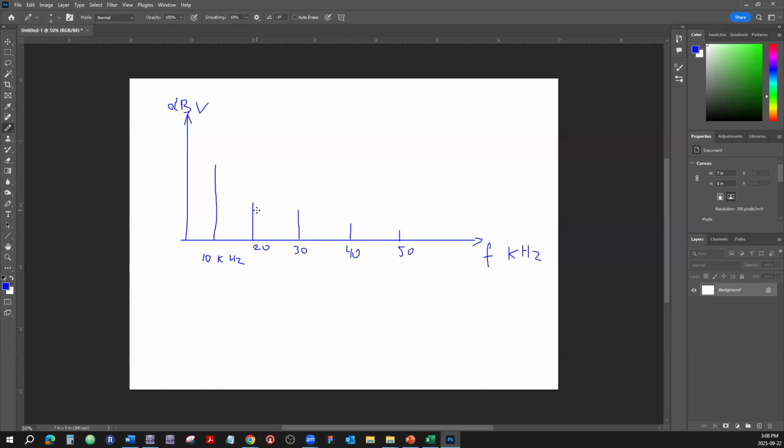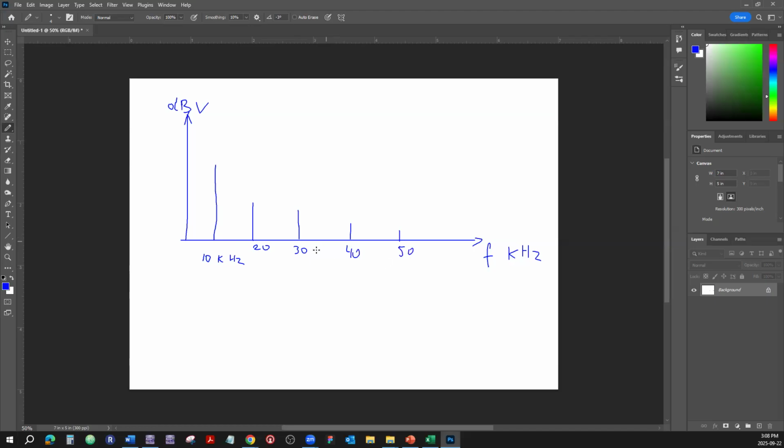So these will be the harmonics, which could be the integer multipliers or multiplications of the fundamental. So fundamental is 10 kilohertz, second is going to be 20 kilohertz, 30 kilohertz, 40, and so on. All right.